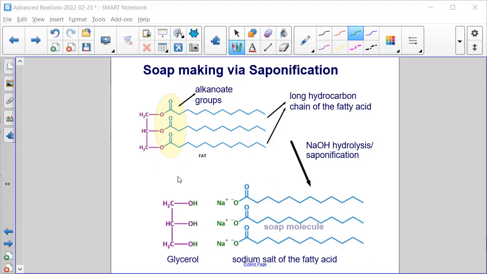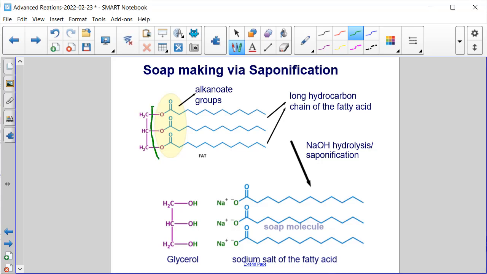So the top image is a zoomed in image of a fat molecule from like an oil sample, okay? So we have these 3 long hydrocarbon chains of the fatty acids that have these alkanoate groups, right? So C double bond O with a single bond O to some R prime, right? And if we lyse this with the strong base NaOH, we break right here, right?